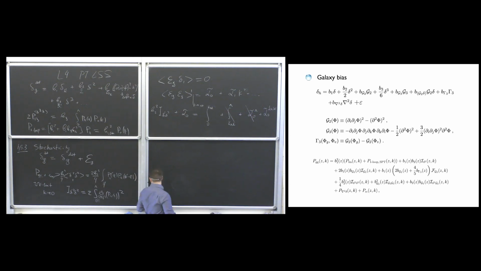Even from this expression, you can ask the question: we Taylor expanded here at the zeroth order, but what if we included corrections for small but not zero k? The first correction that will pop up at next-to-leading order will be k squared times a constant, and this will be exactly renormalized by alpha 1 tilde.